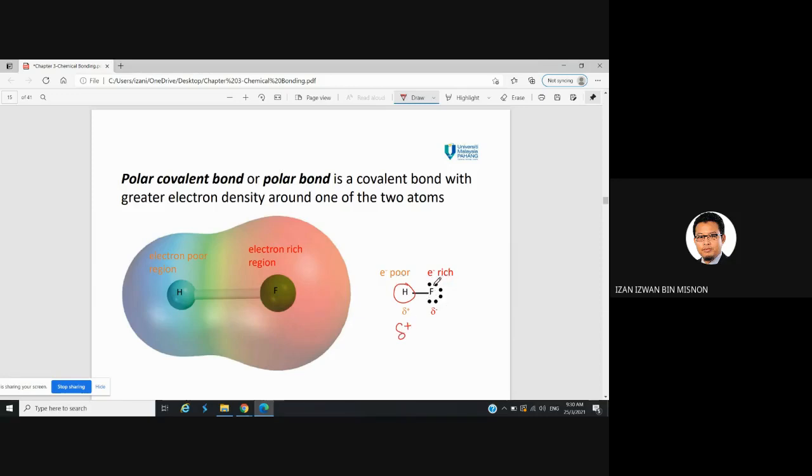But in fluorine, fluorine has an additional 6 electrons. So we say it is rich in electrons and put it as delta negative. So polarity means that the density of electrons will be greater in fluorine. So we can say that the polarity will go to the side of fluorine.